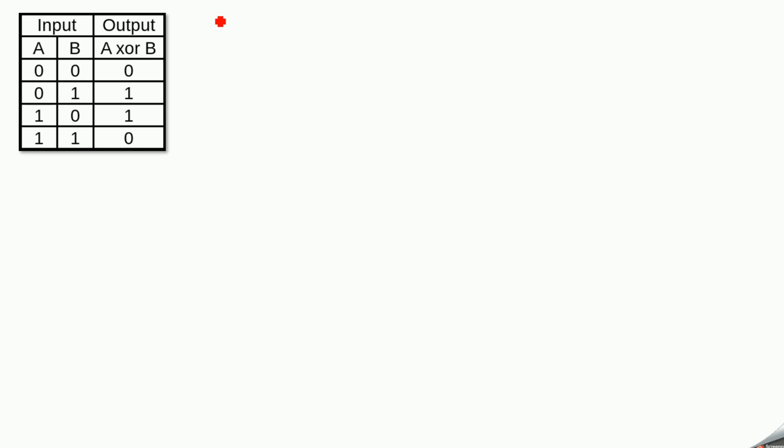So the McCulloch-Pitts model cannot be directly applied for the XOR Boolean function. That is why the inputs A and B will have to be split.